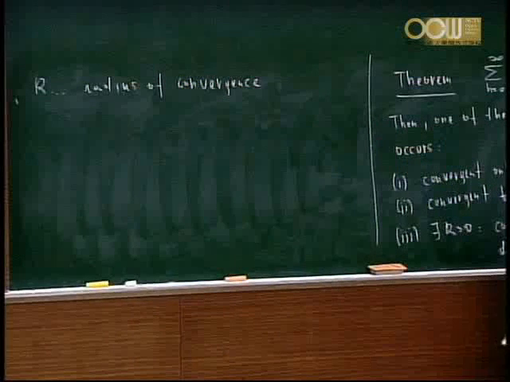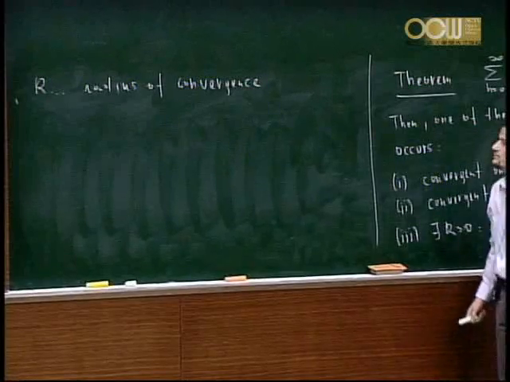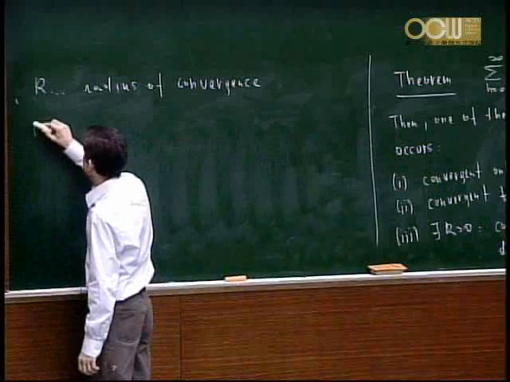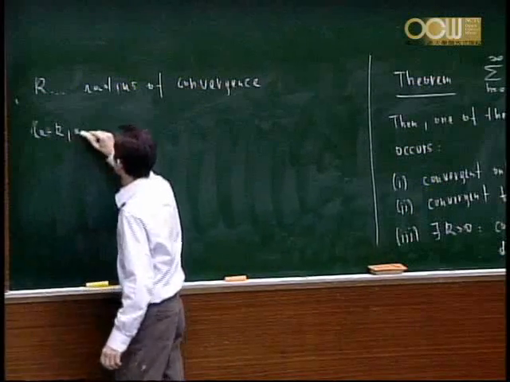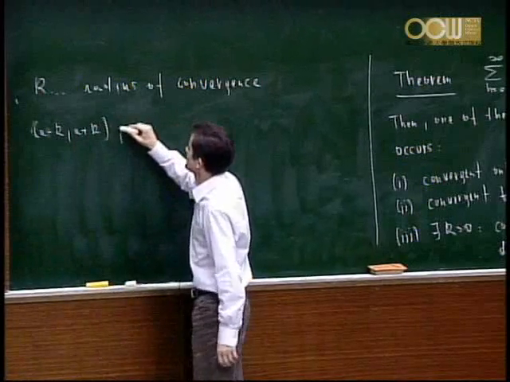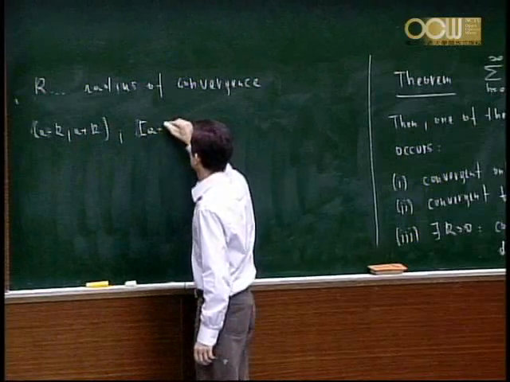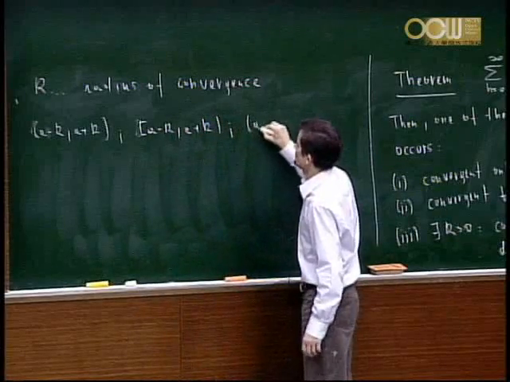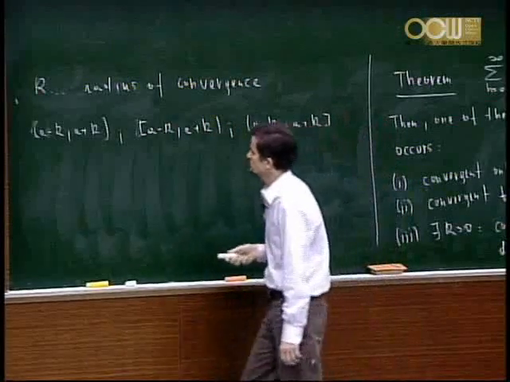Normally, we use the ratio test in order to compute the radius of convergence. Of course, you can also use the root test in some cases, but normally we use the ratio test. The interval is either open, or half open, or closed.